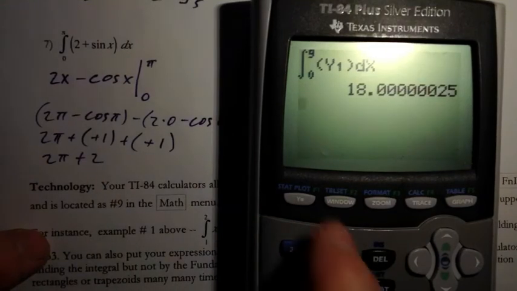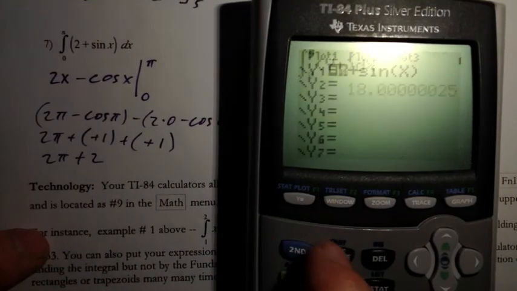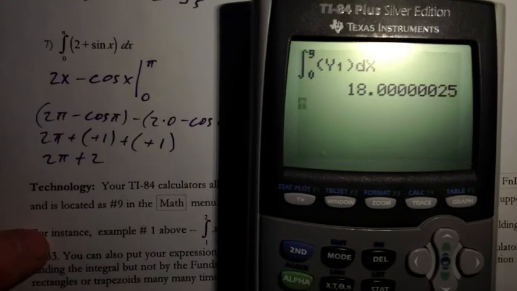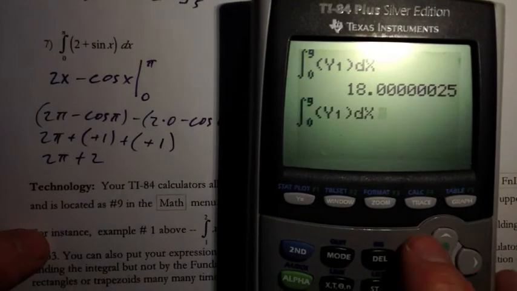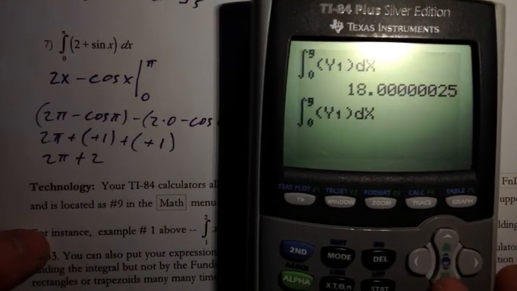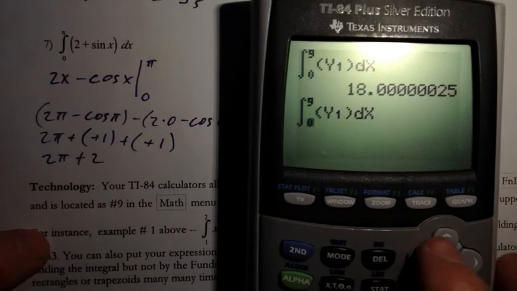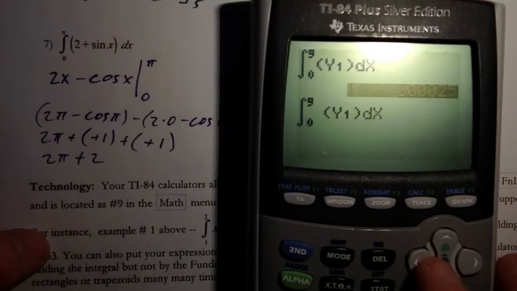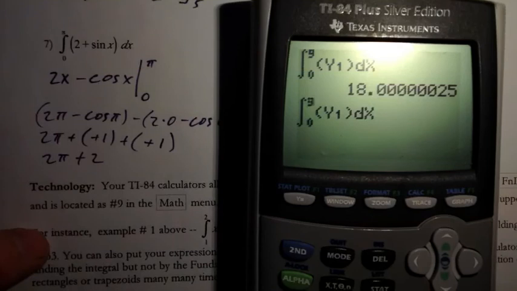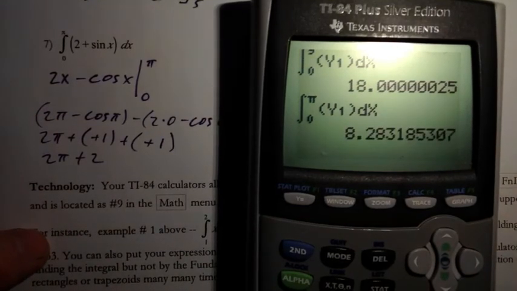So we've got our y1 already set, and we're going to do second enter, and y1 there, but remember, from 0 to pi, which would be second pi right there, and then we're going to enter, and we get that.